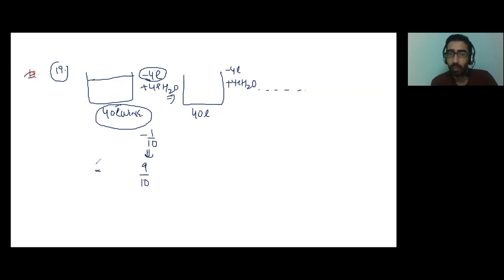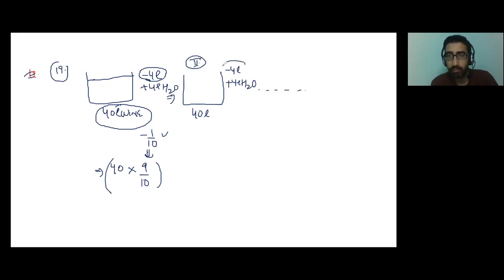So after operation 1, at 40 liters wine, 4 liters was removed, which means 1/10 was removed, which means 9/10 was retained. I must have this quantity, 36 liters. In the new solution, in the second picture, 36 is wine.